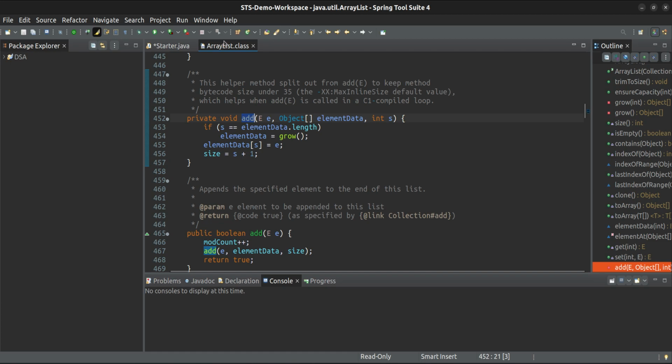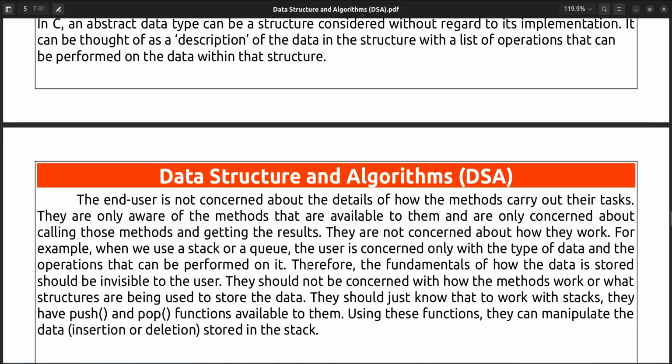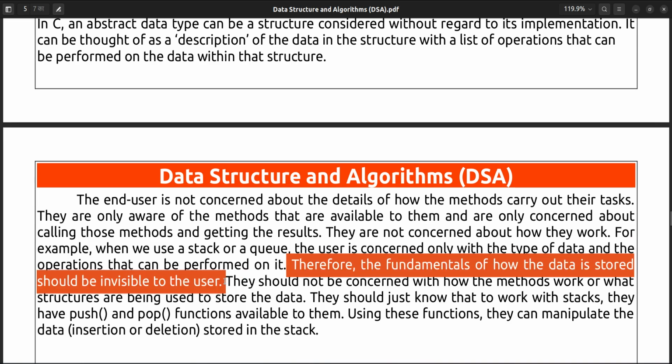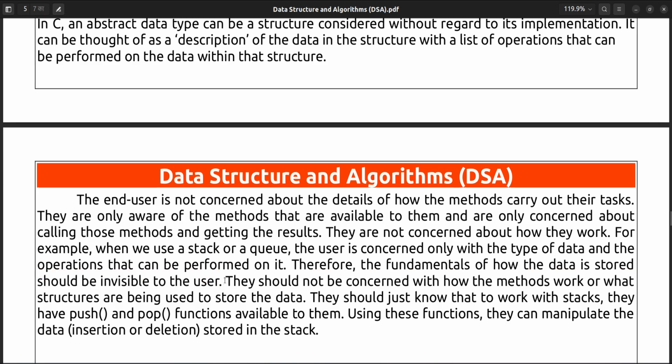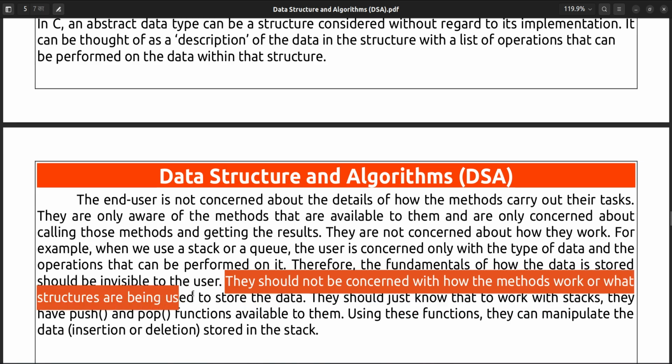So this is called abstraction here. Therefore, how the data is stored is invisible to the user. They should not be concerned with how the method works or what structure is being used to store the data.